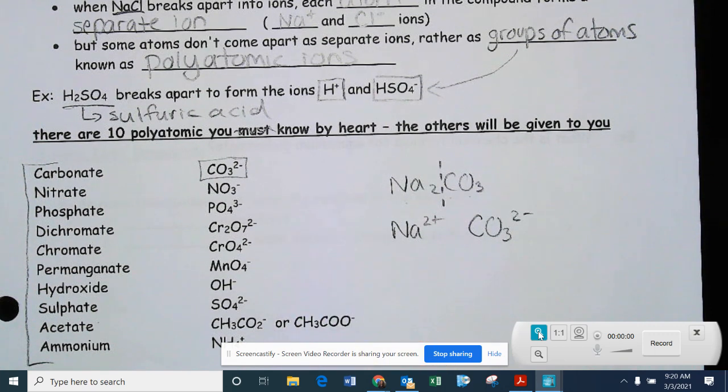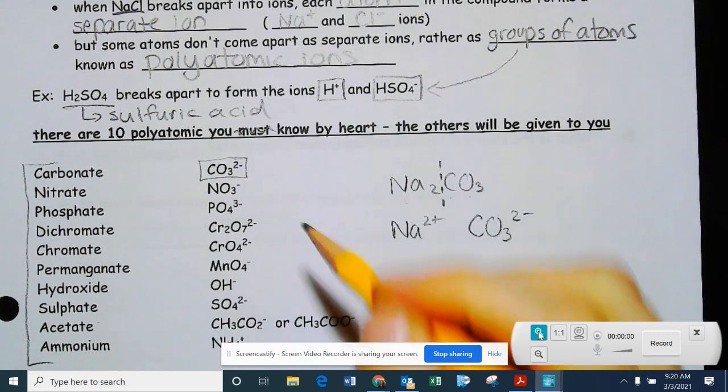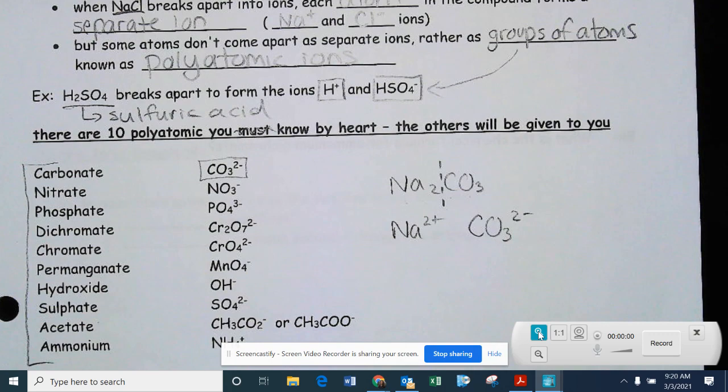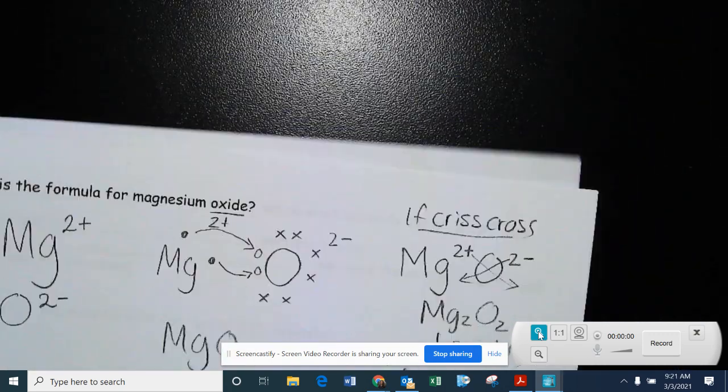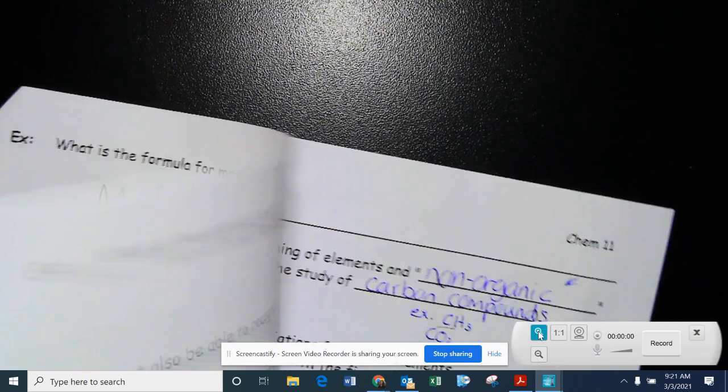We're going to use these a lot, and you should at least have an idea that when you see CO3 2-, that's carbonate, and when you see NO3-, that's nitrate. I'm not going to make you memorize these, but you are going to see these frequently, and having them memorized will help you work through things faster.